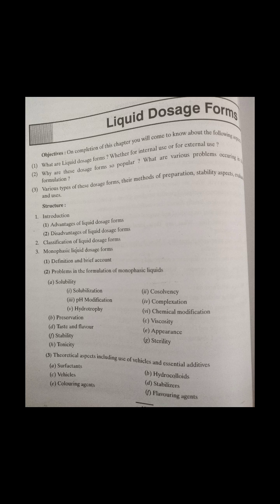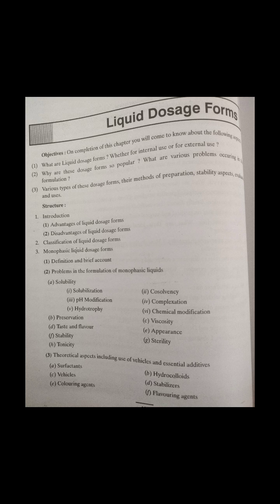Before starting the chapter, let us discuss the objective of this chapter. On completion of this chapter, you will come to know about the following aspects: what the liquid dosage forms are, their usage, whether they are for internal use or for external use.